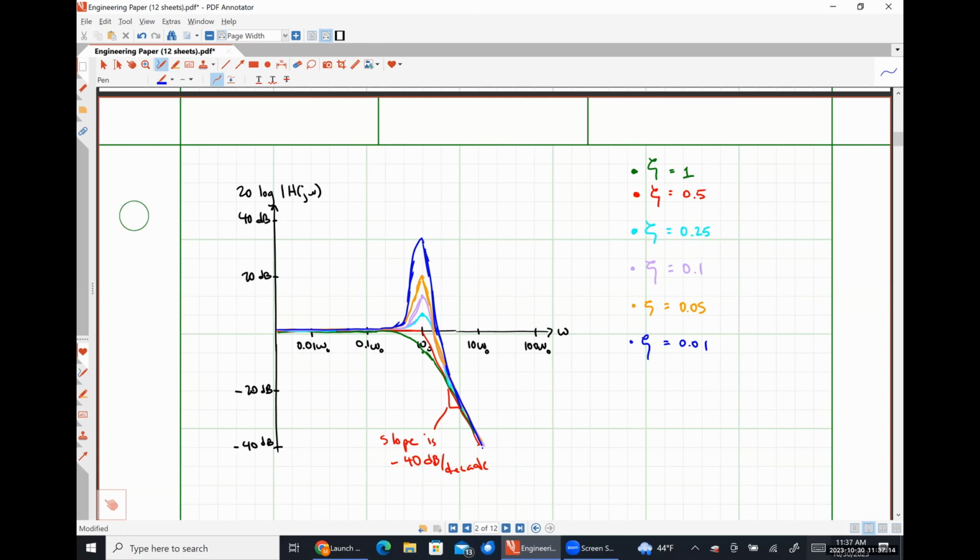So you want a system like your tunable radio system to have a very, very high quality factor so that when you're trying to pick up a signal at, let's say, 98.1 megahertz, which is 98 Rocks, the classic rock station I listen to driving into work, you want a very, very high quality factor or a very, very low damping ratio so that signals at this specific frequency get boosted by a factor of tens of thousands to a few million so that you can actually pick up that station while not picking up every other station at the same time, right?